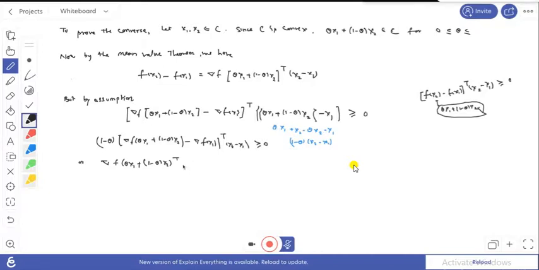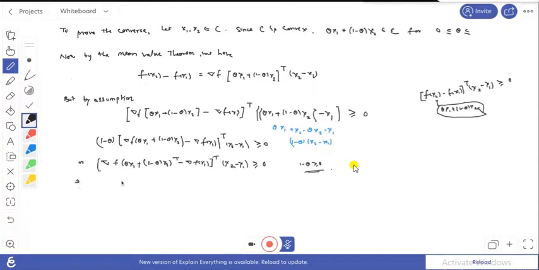So this minus gradient of f at x1, transpose, x2 minus x1 is greater than or equal to 0 due to 1 minus theta being greater than 0. Okay, so here if we take theta equal to 1, that equals 0. So this is greater than or equal to 0.